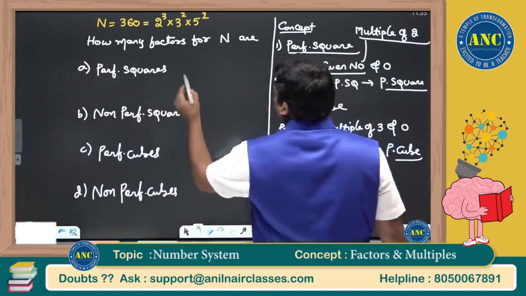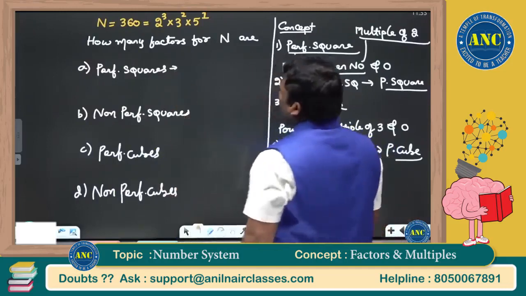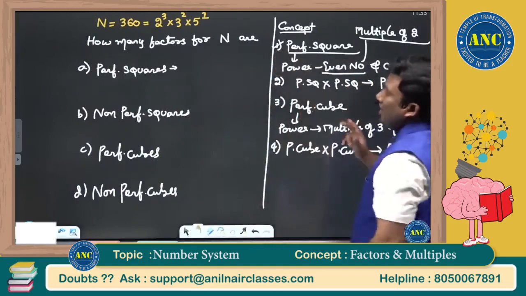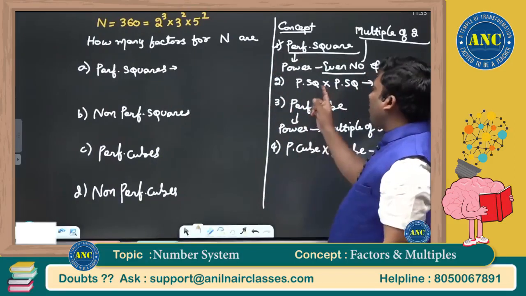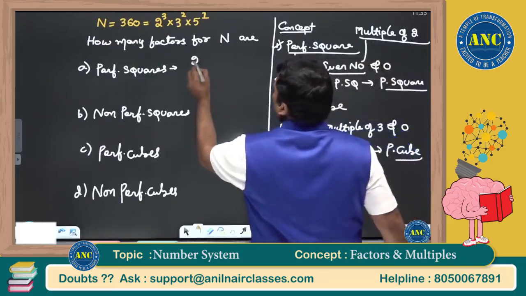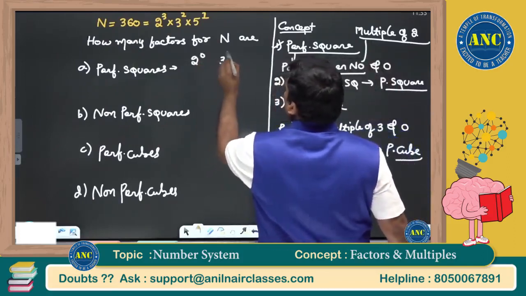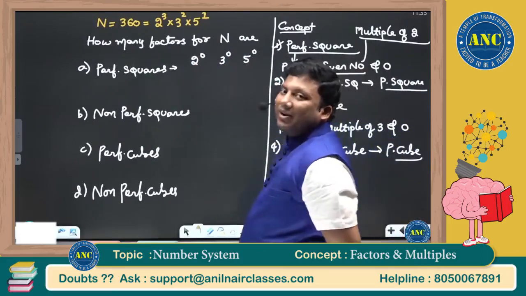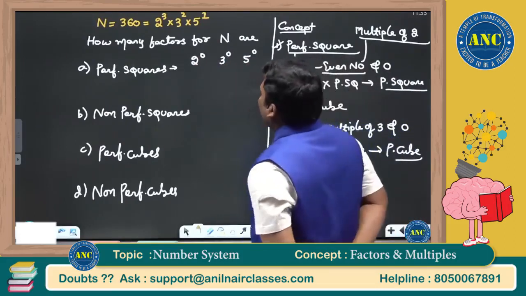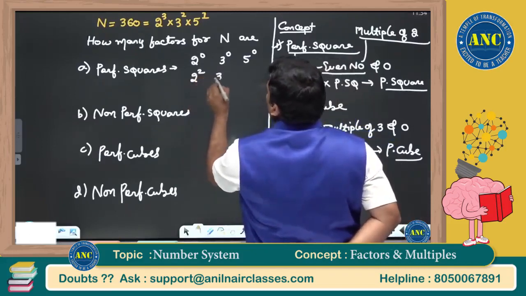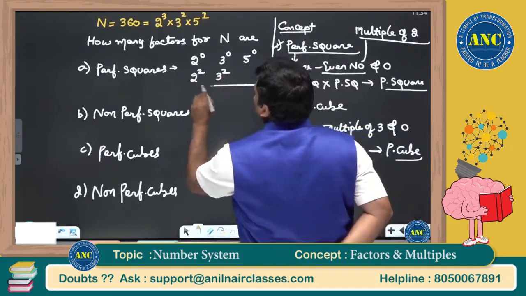Now first one. How many factors for N are perfect squares? First key point says, for a factor to be a perfect square, power should be an even number and 0. So 2 power 0, 3 power 0, and 5 power 0. Power can be an even number: 2 square, 3 square, that's all.